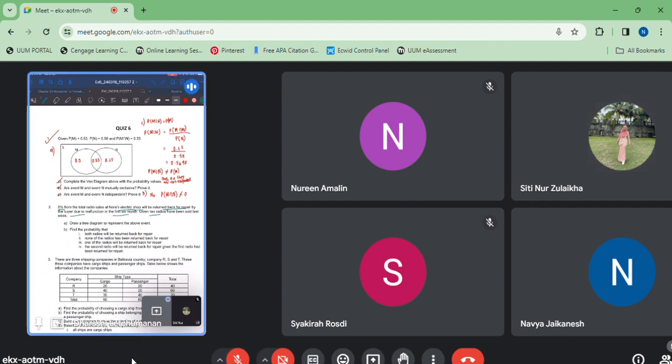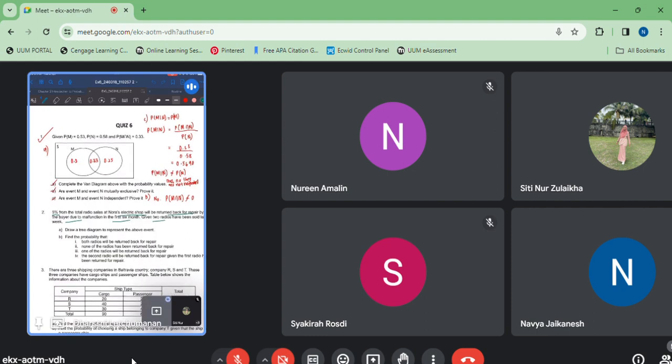Okay, so first question. I'll explain first. They say complete the Venn diagram above with the probability values. So when you look at this whole thing, probability of M means this whole thing. So this whole thing is 0.58. But when you want to fill inside here, you need to fill all separately.